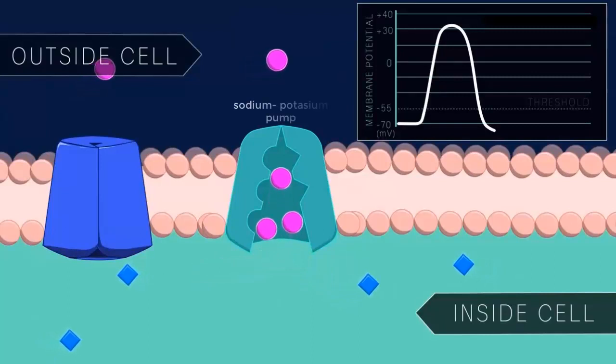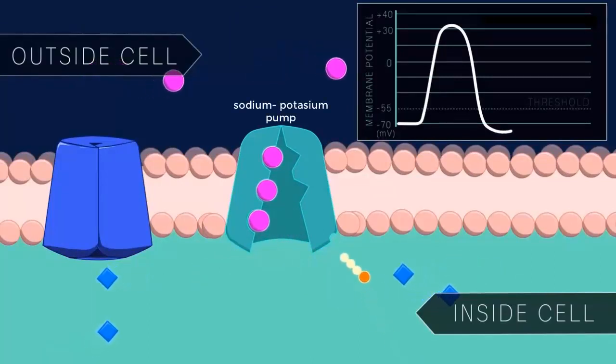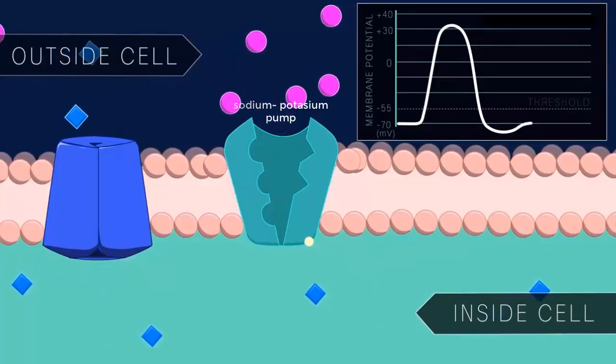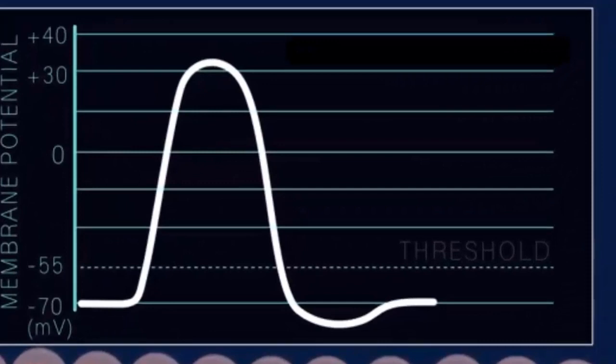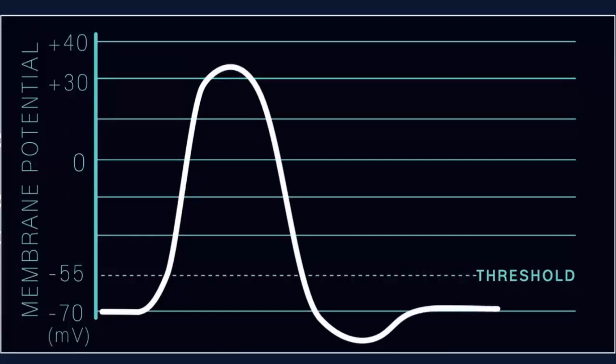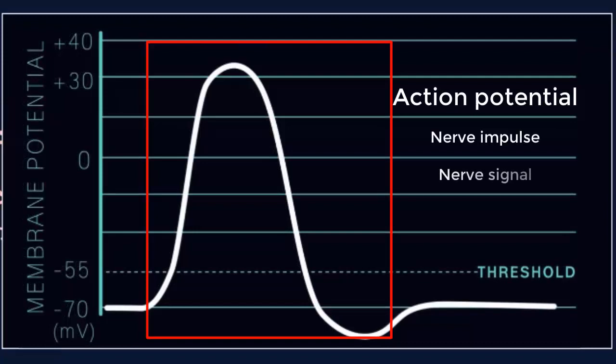Remember that it's the sodium-potassium pump that will return the ions into their initial distribution and the membrane potential back to its initial resting value. All the three phases, depolarization, repolarization, and hyperpolarization, make an action potential, that is a nerve impulse or signal.